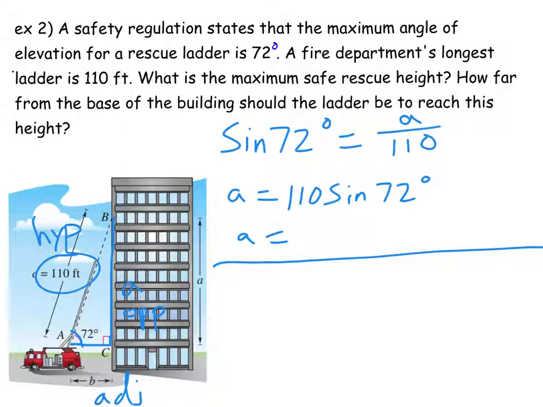That obviously would need to go into a calculator, and that would tell us how far up the building we can go. Up to close to 105 feet is about how far this ladder could reach.